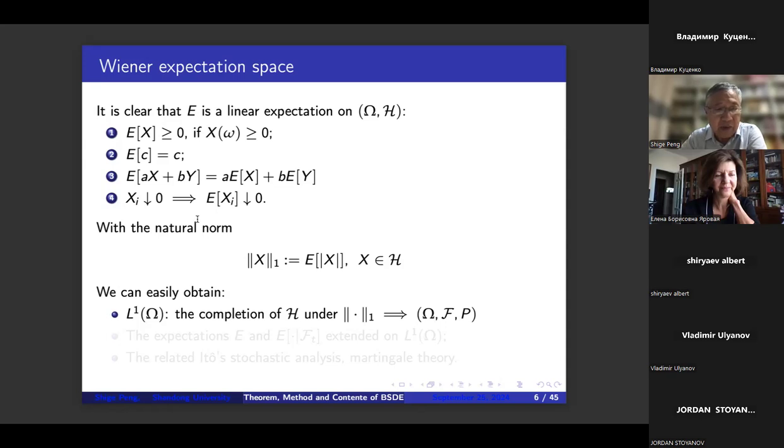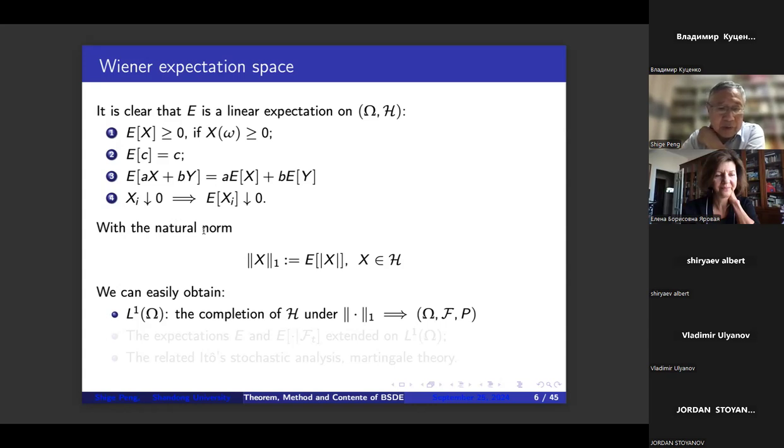Then we can use the well-known Daniell-Stone theorem.